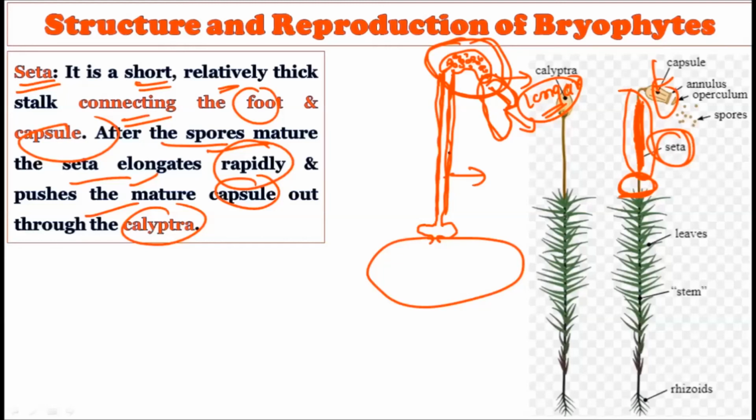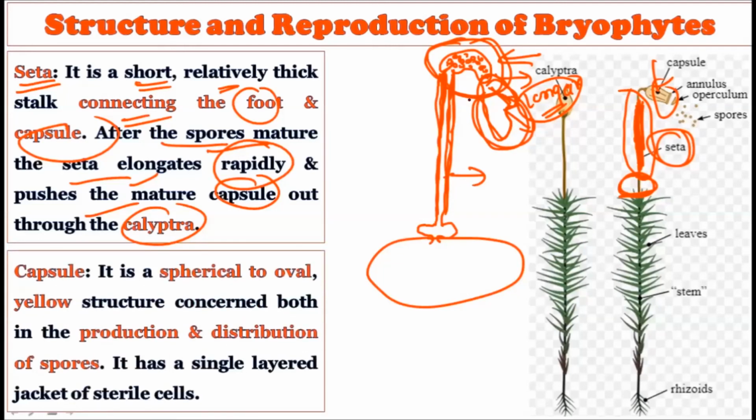The capsule is located inside the calyptra, the stalk or seta elongates continuously and pushes the capsule out of the calyptra, and when the capsule comes out of the calyptra, it releases the spores to the outside environment.